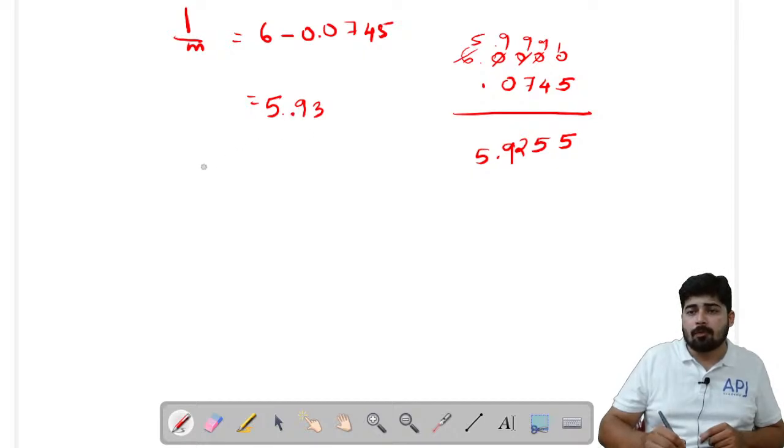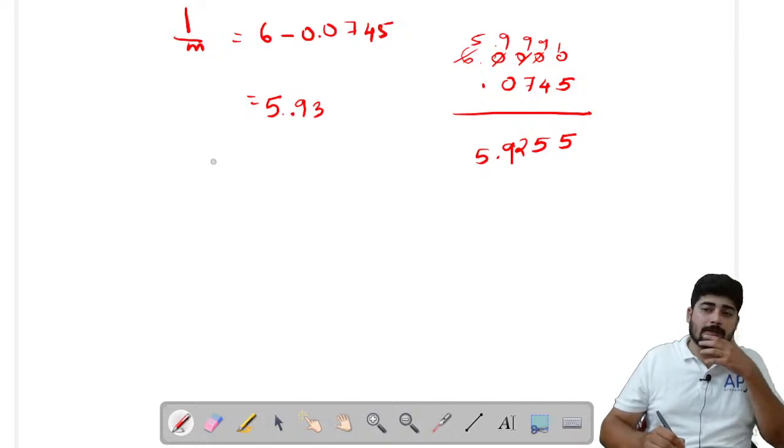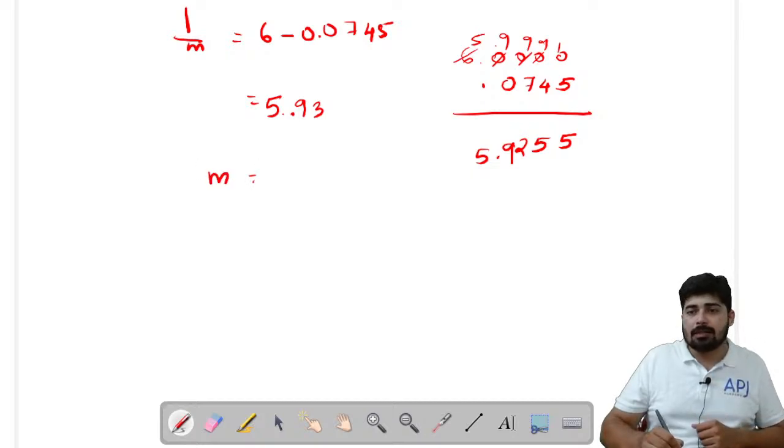We have to find out molality. We got the value as 1/m. So molality is equal to 1 divided by 5.93.